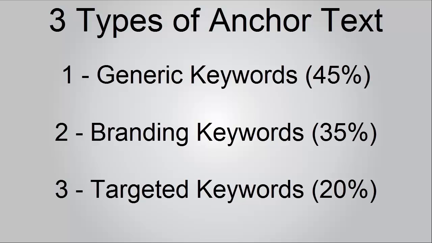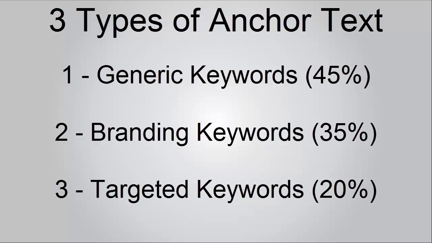You can still use them every now and then, and I would recommend when you do use the targeted anchor text that you focus on high authority and high PR links that are coming to your site. So if maybe you made a guest post on a very high-ranking and authoritative blog in your niche, then by all means, in that case, you would probably want to use your targeted keyword text as that anchor text to point to your site.